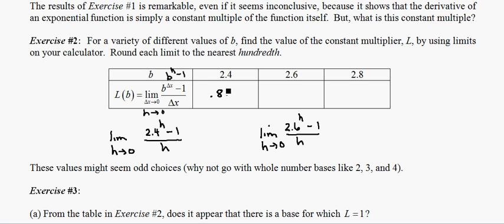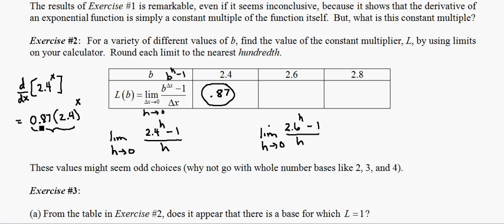By the way, just to be clear, because I should have pointed this out before I went on to the 2.6 case, what this tells us, make sure that you understand this, is that if I were to ask you now, what is the derivative of 2.4 to the x, you would tell me that it is 0.87 times 2.4 to the x. Remember, we're not multiplying out 0.87 and 2.4 and then raising to the x.